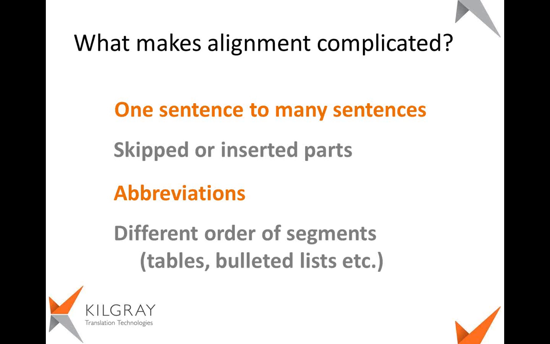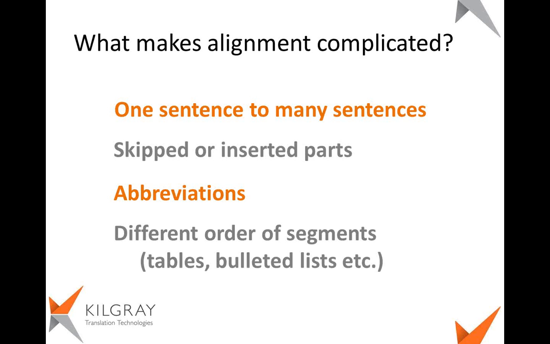And of course, it happens that there's a different order of segments, and it doesn't always come from the different nature of languages. For instance, you use a different order of segments when you work your text around a bulleted list in Hungarian, and there's a different order in French. So this is something that you can encounter in legal text, for instance.